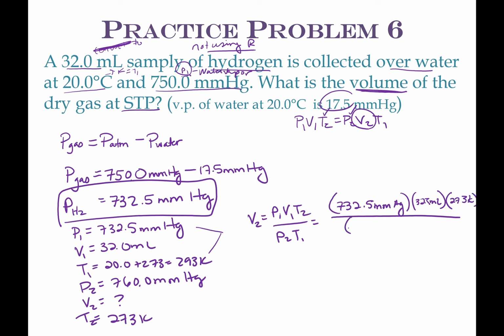We divide by P2, which is 760, and T1, which was 293 Kelvin. And when we do that, we should get 28.73684211. And our sig figs should be 3. So 28.7 milliliters of hydrogen gas.